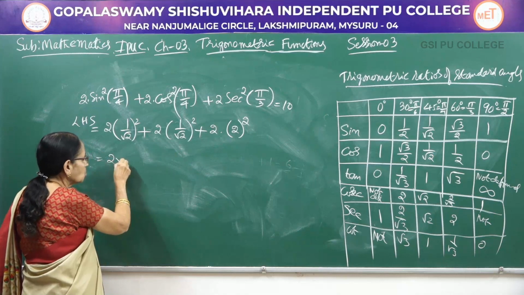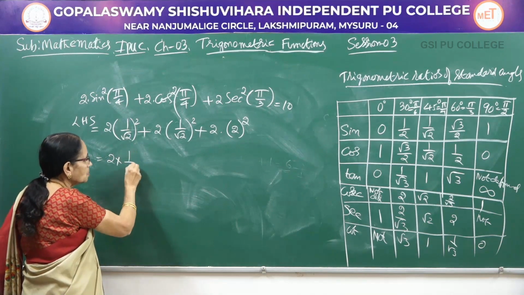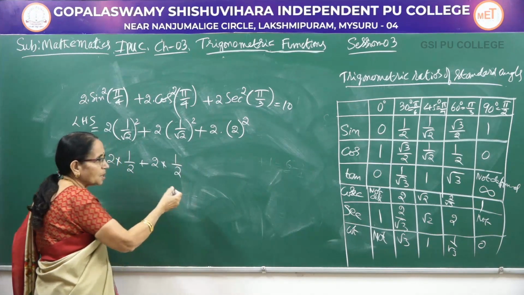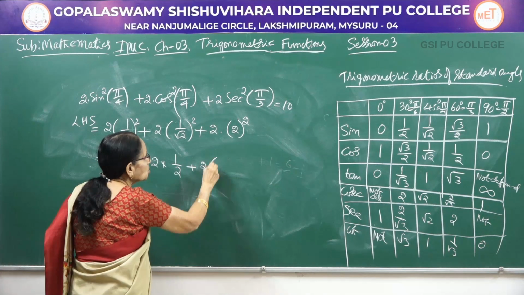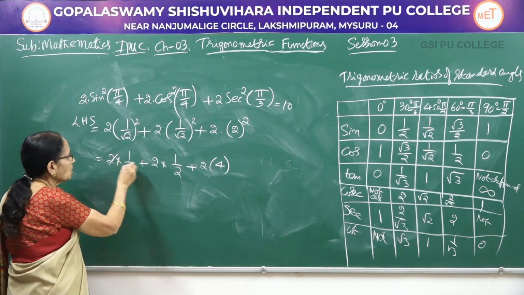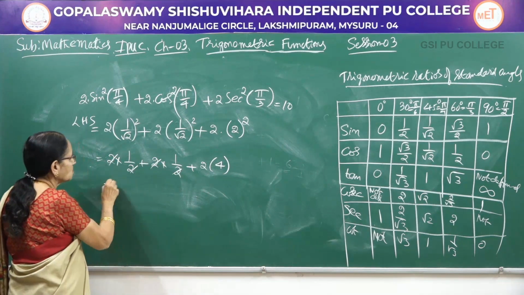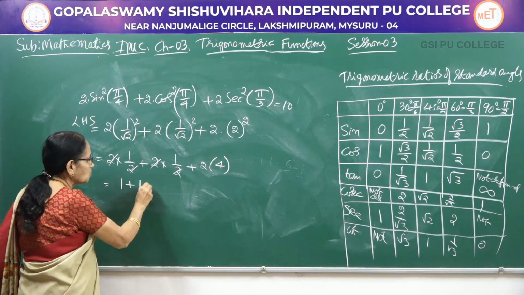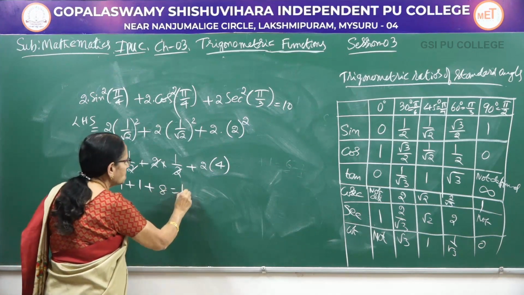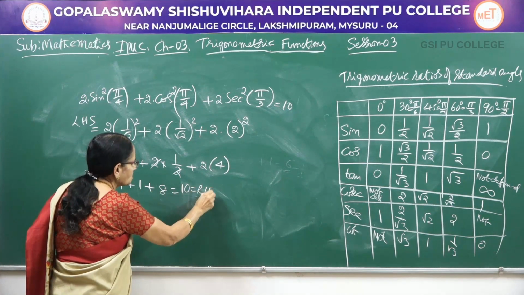Now 2 into root 2 whole square means 1 by 2, again 1 by 2, plus 2 into 2 square is 4. Now 2 and 2 get cancelled. Hence we have 1 plus 1 here, 4 twos are 8, 8 plus 1 is 9, 9 plus 1 is 10, which is the right hand side.